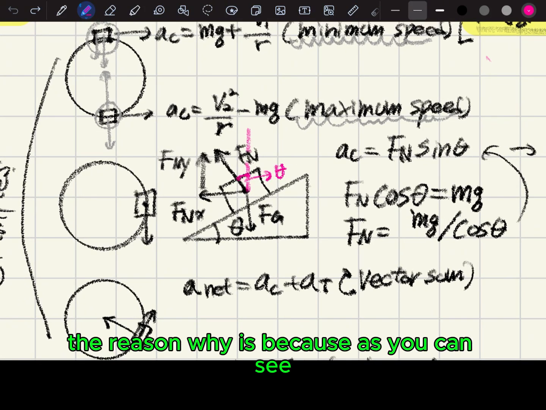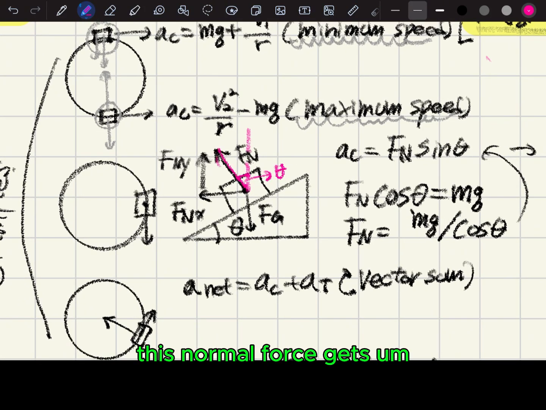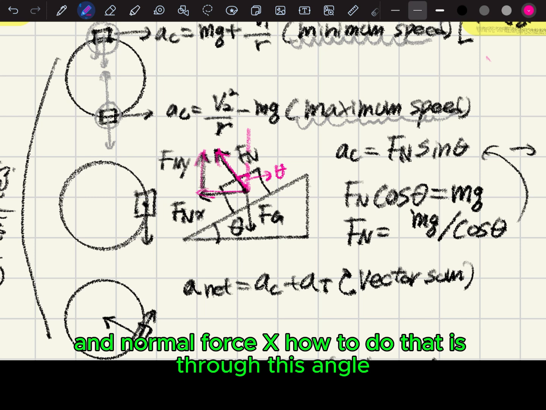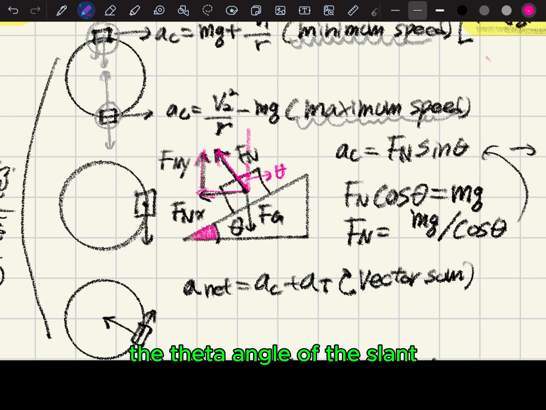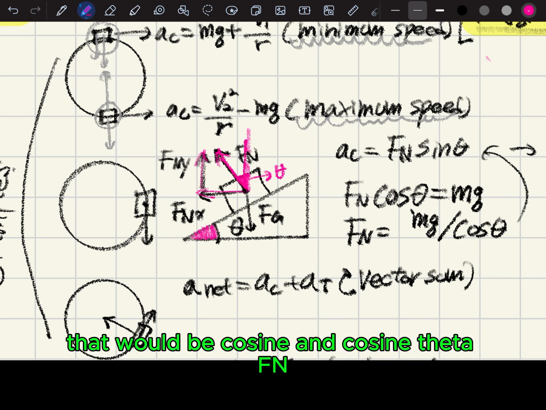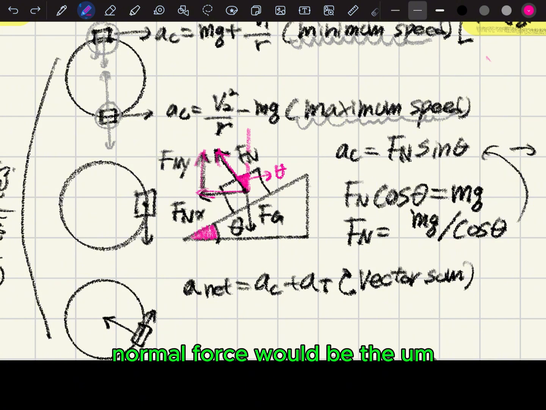The reason why is because, as you can see, this normal force gets compartmentalized into normal force y and normal force x. How to do that is through this angle, the theta angle of the slant, being transferred into that angle. Knowing what sine and cosine are, that would be cosine. Cosine theta times Fn, the normal force, would be the y component of the normal force.